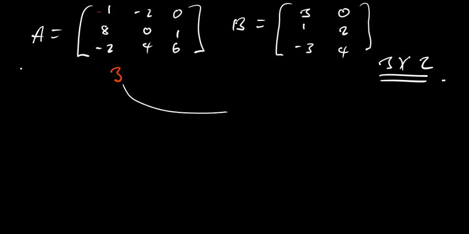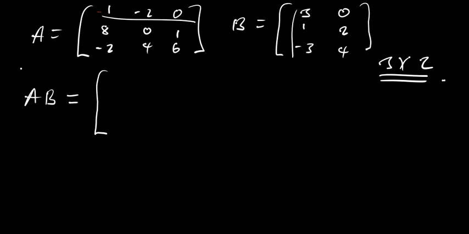Okay. Now let's see. So A times B. Okay. So what is A times B? We'll do the same thing. This has to be multiplied by the rows like we have been doing. So it's going to be 1 times 3, that is 3, plus -2 times 1 is -2, plus 0 times -3 is 0.